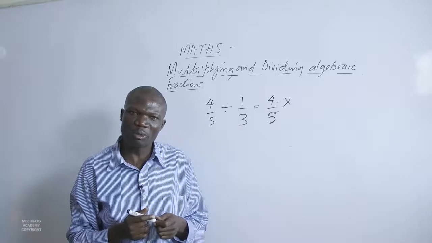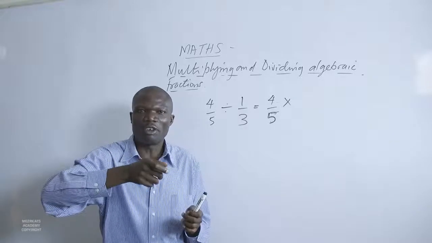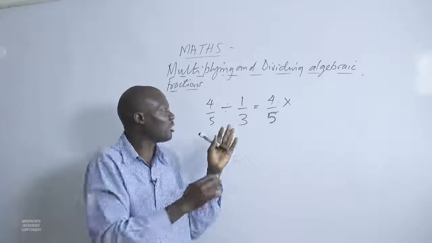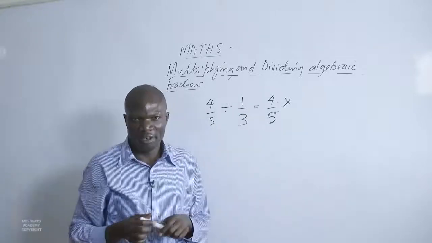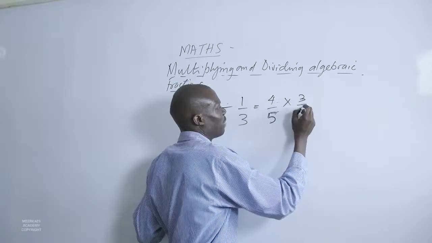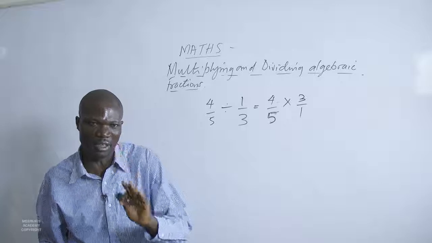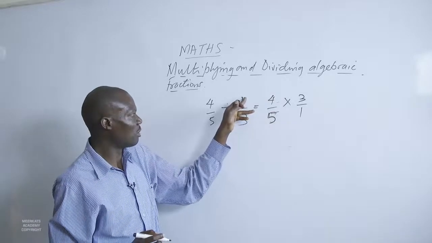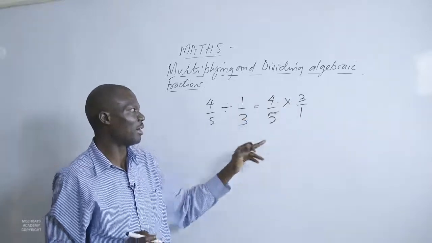And the reciprocal simply means invert, or change the numerator and the denominator of the fraction you are dividing with. That means we shall multiply by 3 over 1. It's no longer 1 over 3, but the reciprocal of 1 over 3 is 3 over 1.